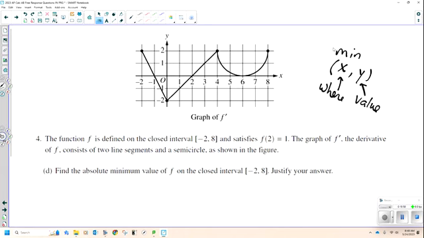So if I find out that my minimum happens at x equals 11, for example, if the minimum happened to be here, this has nothing to do with the graph to the left. I'm just giving you an example. The answer isn't 11 as the min value. That's where the minimum happens. The actual min value would be negative 2. So because they're asking us for the minimum value, I want the y value.